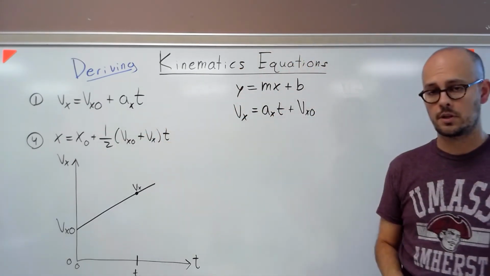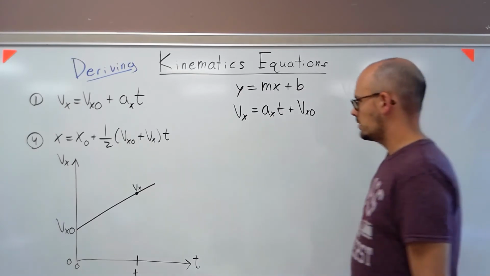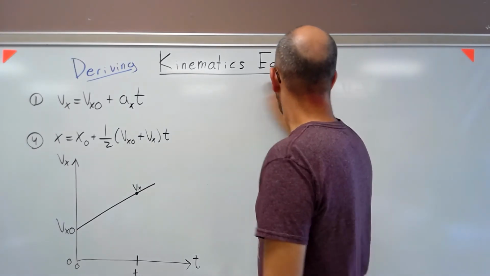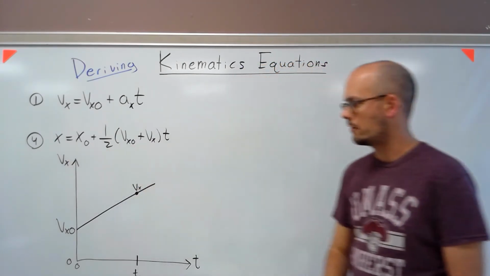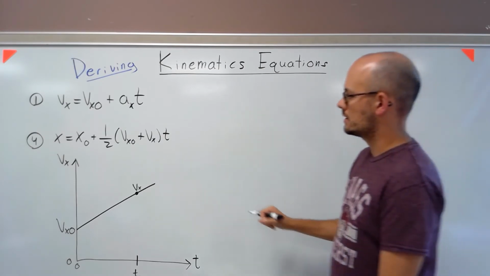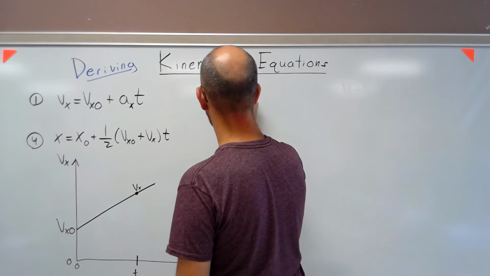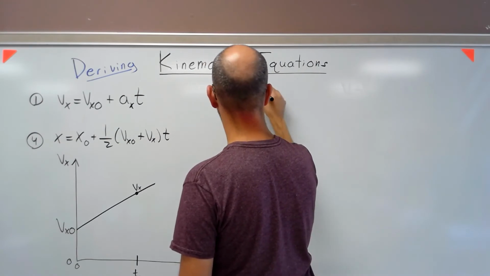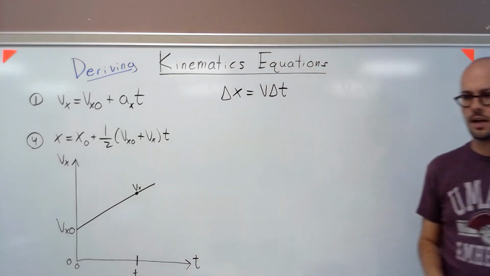So that's the first equation, and that's probably the easiest one to show you as far as derivation. The next one is the position equation, as it has to do with average velocity. We can do a couple of things here. This is kind of based on distance equals rate times time, so we're actually going to assume that we have a constant velocity.